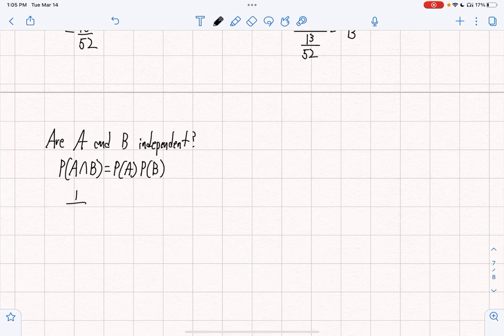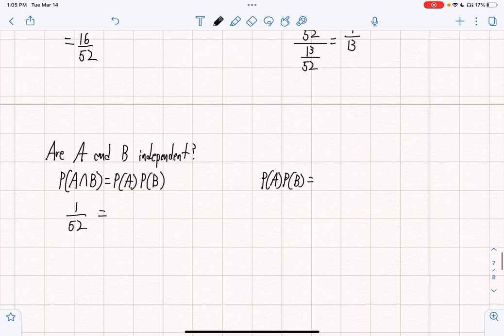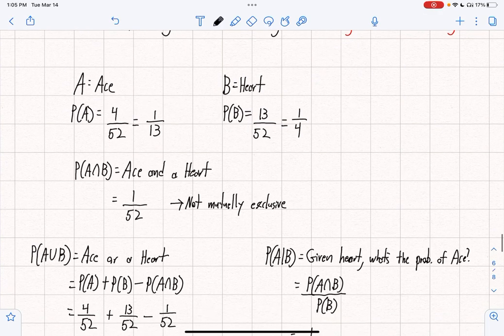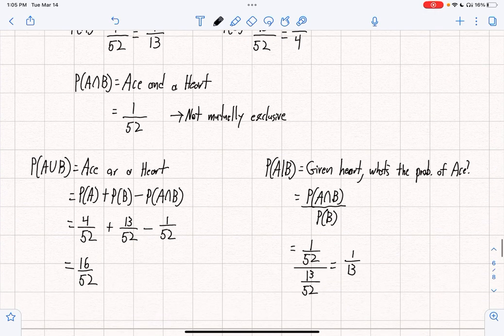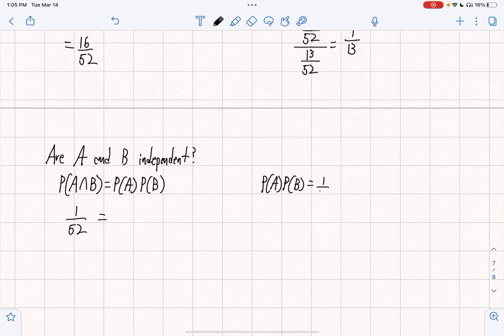And we want to know if that is equal to the probability of A times the probability of B. So I'm going to calculate that over here on the side. Probability of A times probability of B is equal to 1 out of 13 times 1/4, which is equal to 1 out of 52. So these are indeed equal, and therefore A and B are independent.